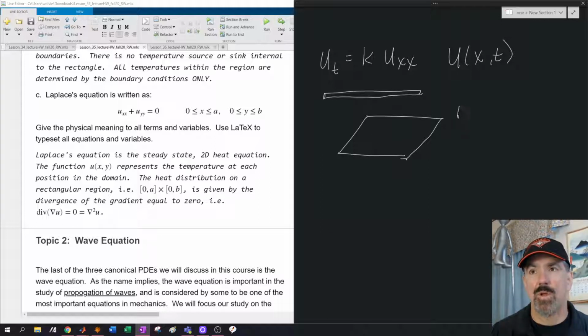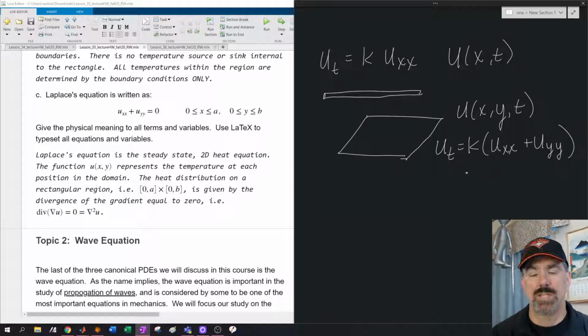And what that means is the temperature function would look like this. And the extension of the heat equation is quite simply u_t equals k times, and now I have two partial derivatives with respect to the spatial directions. I have a u_xx and a u_yy.